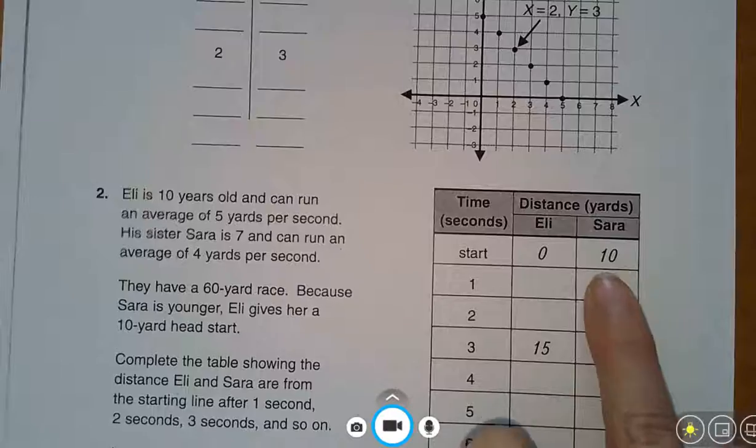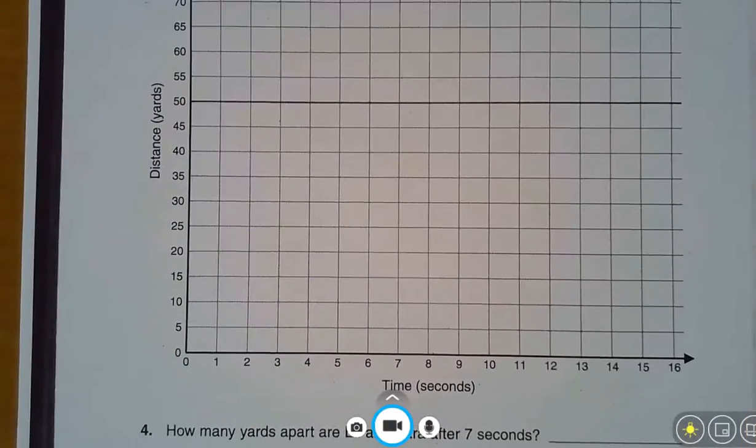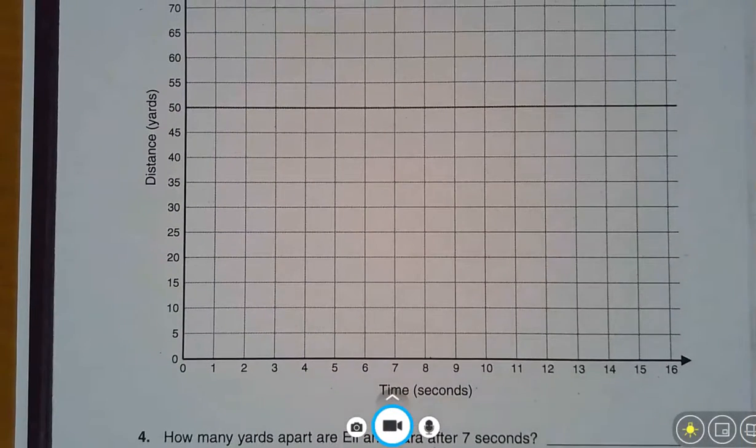We know at the beginning Eli is at 0 and Sarah is at 10. How does that look? Well, I was using pink for Sarah. So Sarah was 10 yards at the beginning. I just flipped it over, although the camera has it frozen here.